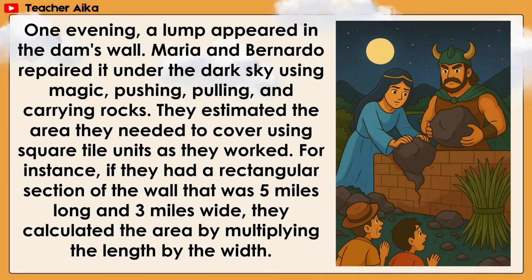They estimated the area they needed to cover using square tile units as they worked. For instance, if they had a rectangular section of the wall that was 5 miles long and 3 miles wide, they calculated the area by multiplying the length by the width.